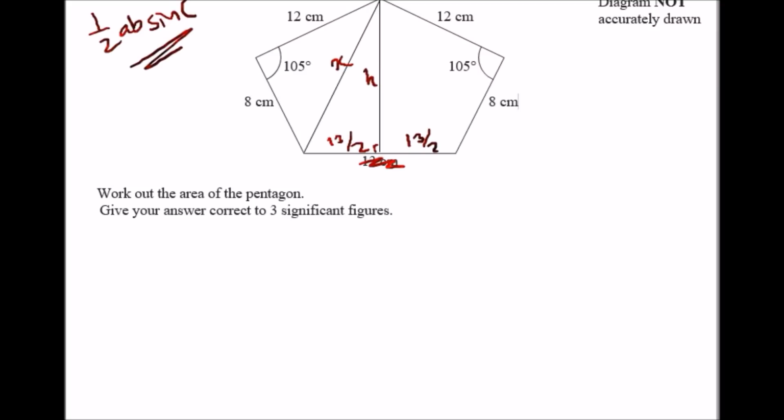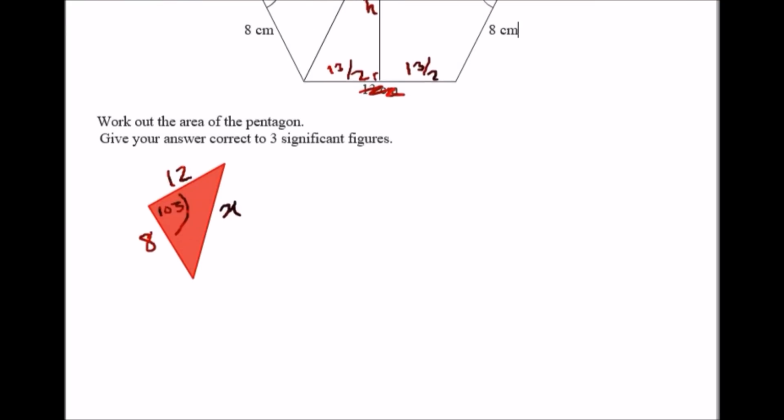Let me just draw it nicely because I like to draw the shape. So here we've got an angle 105, so we've got 8, 12, and x. Using the cosine rule, it applies the same as previously.